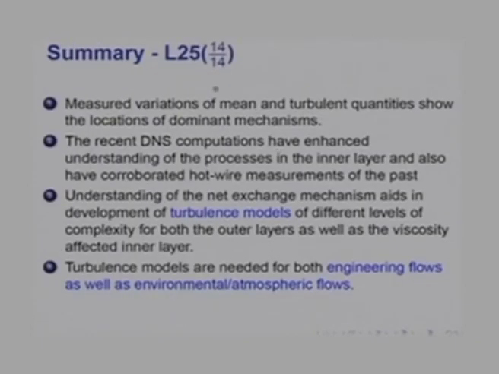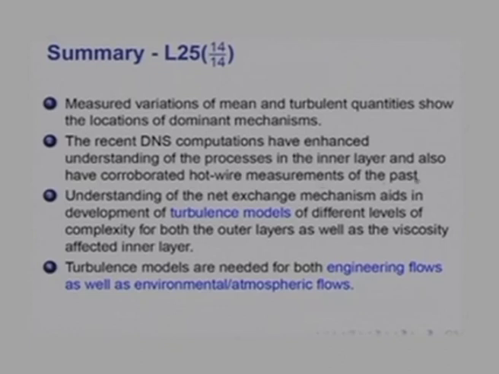So, in conclusion, I would say that the measured variations of mean and turbulent quantities show the locations of the dominant mechanisms. That is the first reason why we looked at the experimental data as well as the DNS data. The recent DNS computations have enhanced understanding of the processes in the inner layer and also have corroborated hot wire measurements of the past.